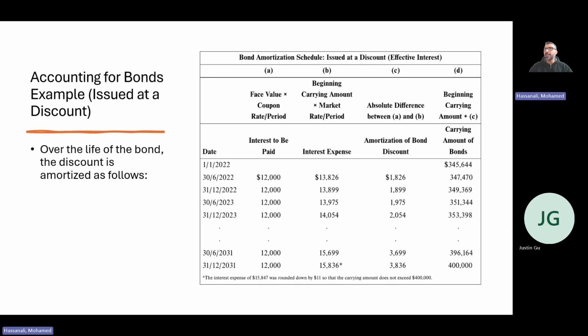Where were we? Okay. This particular slide was simply showing you the actual interest paid from the beginning, the effective interest calculation, and then the difference, which is that amortization we're talking about.